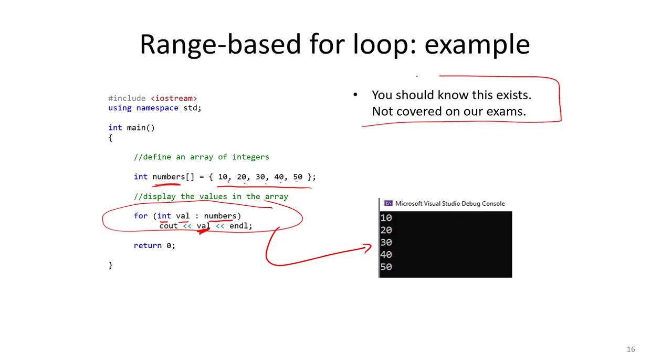And for the purpose of this class, I just expect that you know that range-based for loops exist. For most of our assignments and most of what we're doing in this class, range-based for loops generally won't work for what we're doing. So we typically just use regular for loops, and that usually works just fine for what we need to do.